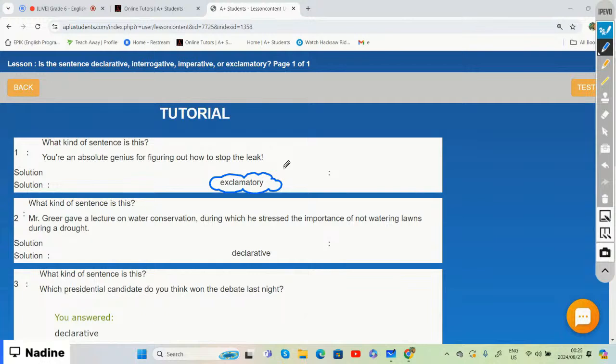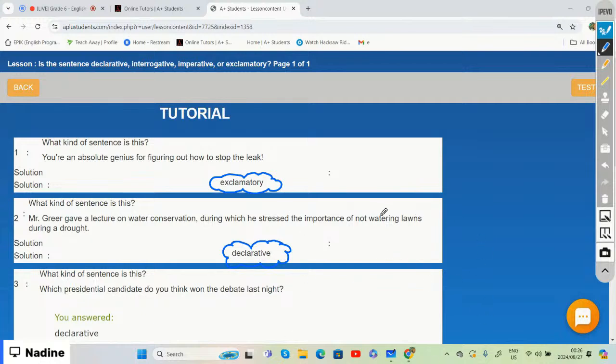All right, if we were to say which kind of sentence it is, we will say it is a declarative sentence. It ends with a period, and it's basically just a statement that Mr. Greer made during a lecture on water conservation.